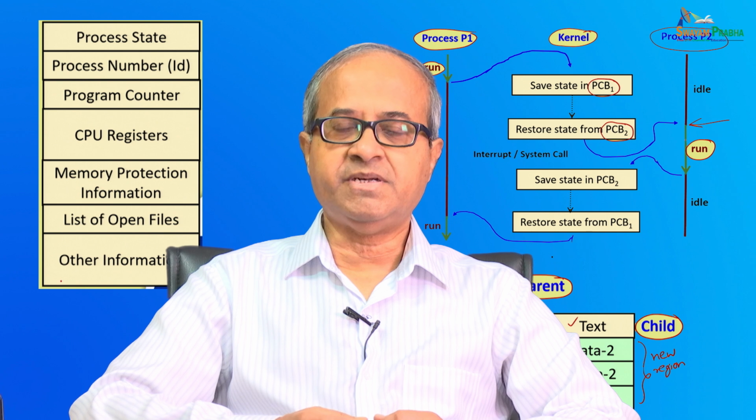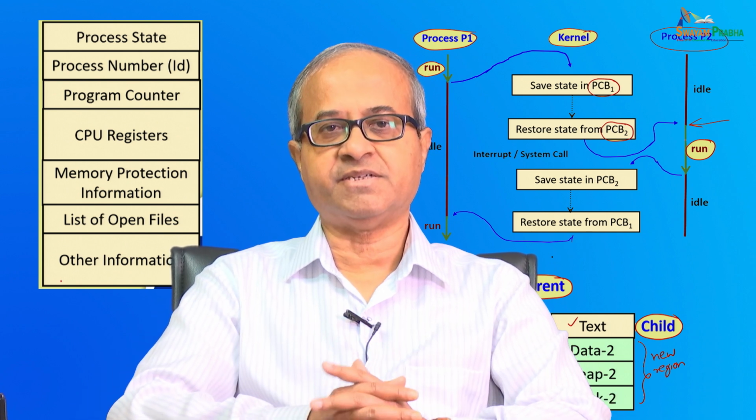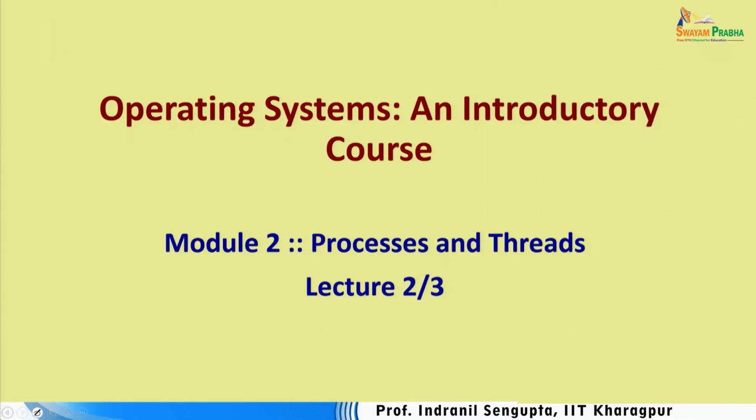So, welcome to the second lecture of the second module on processes and threads. If you recall, in the previous lecture we had discussed the basic notion of a process and a few other things like what are the different states of a process. We also mentioned that in general in a system at any given time there can be multiple processes in various states of execution.